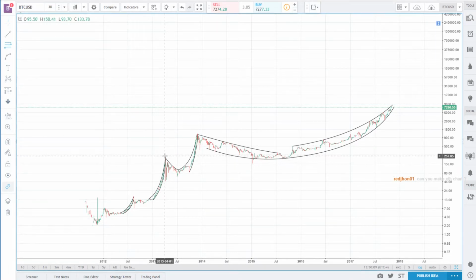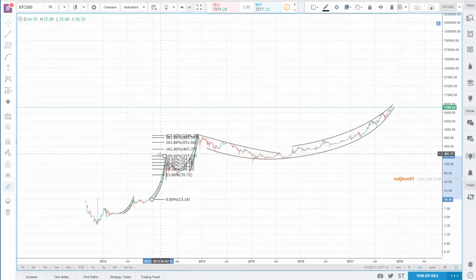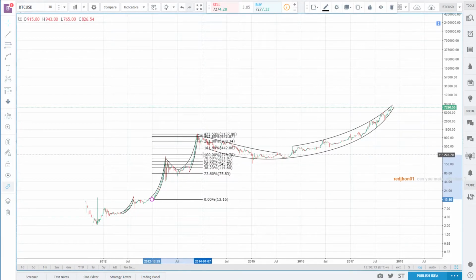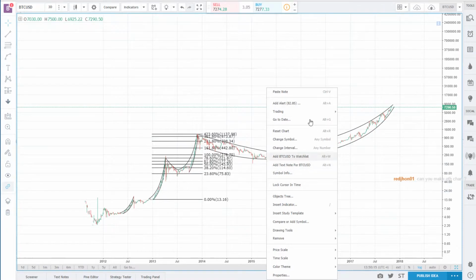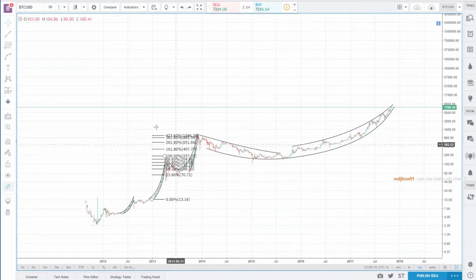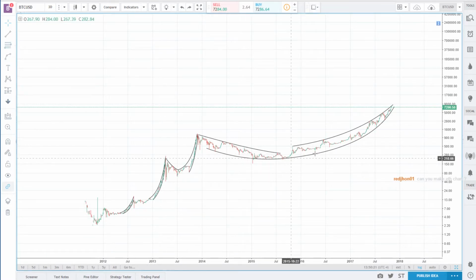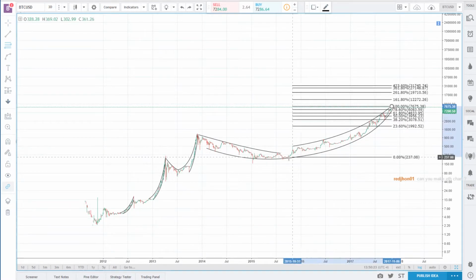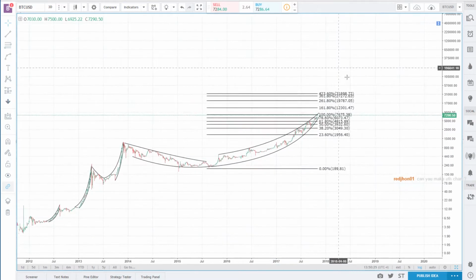So fib extension from here to here. What is this? This is a 420% fib extension. We see a fib extension here. We go down to here. That would have us at like 30K. That would have us at $30,000 per Bitcoin, right?